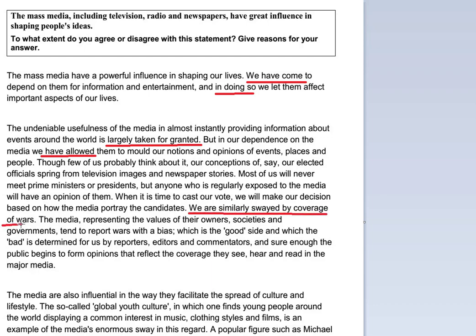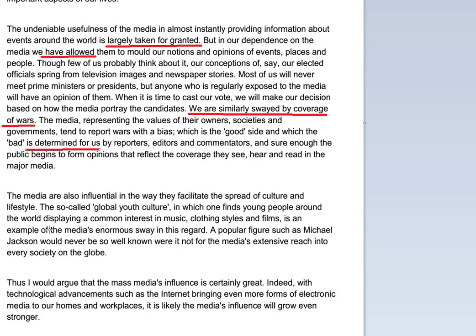Present perfect again. Major media. It's determined for us. Okay. Very few errors.